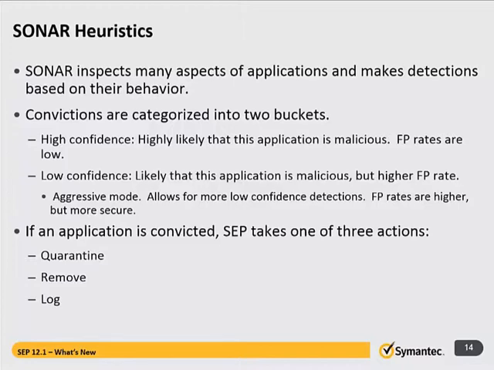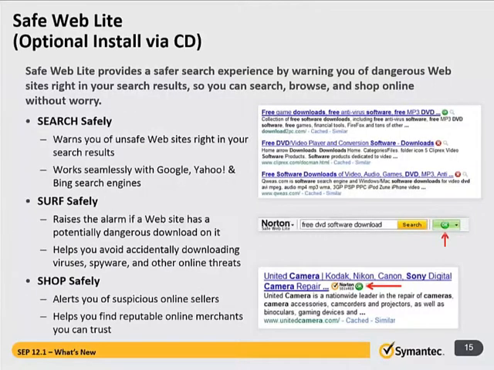So what happens if an application is convicted? Because we all want to know that, right? SEP takes one of 3 actions: quarantine, remove, and log. Pretty similar to what AutoProtect has been doing and what scans have been doing for long periods of time. Being able to quarantine, delete, clean, and then log, of course.